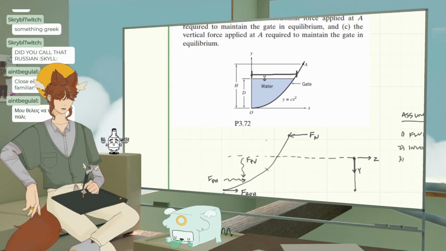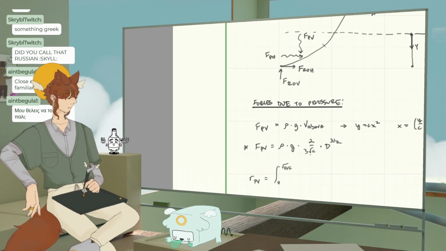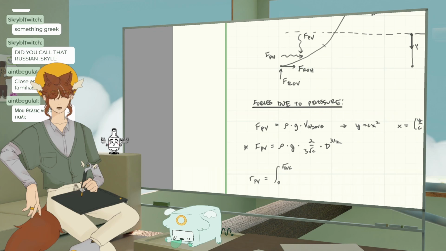D equals C of X squared. D over square root of D over C. Oh, you know, classic. So square root of D over C. And then we want to say D, Y, X dA.